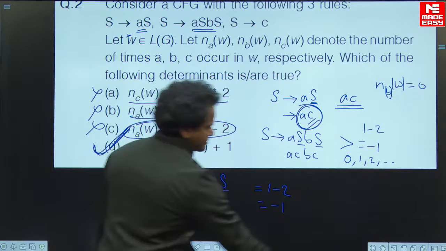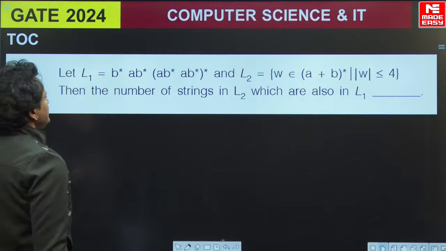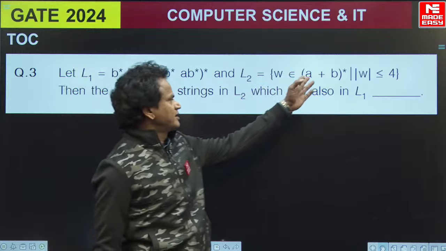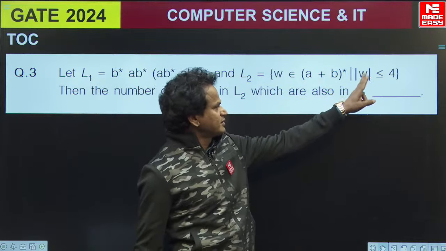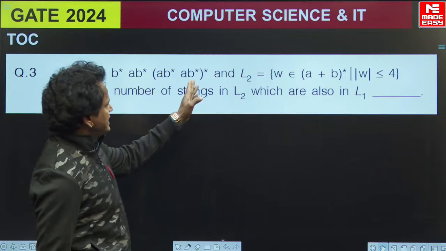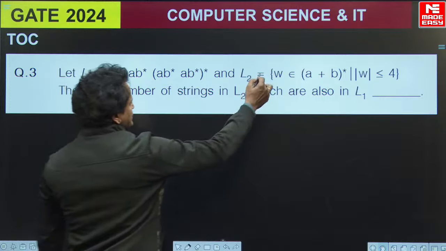Okay. Next. This one. L1 is given as some regular expression, B star, AB star. L2 is given as W in (A plus B) whole star, such that modulus W is less than or equal to 4. Here the question is the number of strings in L2 which are also in L1. So you need not consider L2 here.